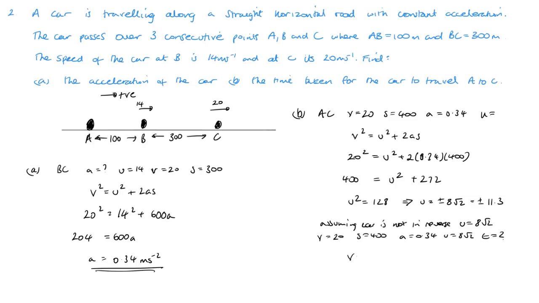So v equals u plus at, so 20 equals 8 root 2 plus 0.34 t, and then that's 20 minus my answer, which is 8.7 divided by 0.34, and then it gives me that t equals 25.5 or 25.55 seconds.